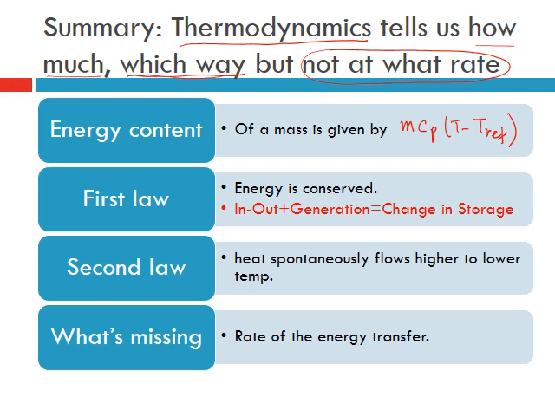Then the first law says energy is conserved, and from that we write our energy conservation equation. This is the most useful thing that we will have from this chapter, that we are going to use for every single one of the 8 chapters on heat transfer. Most important, this one: in minus out plus generation equals change in storage.